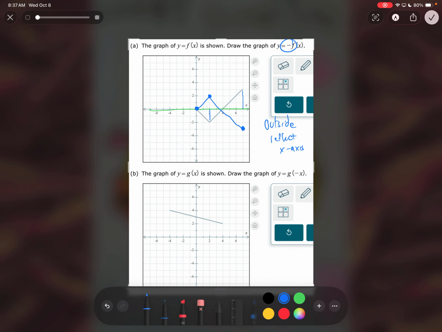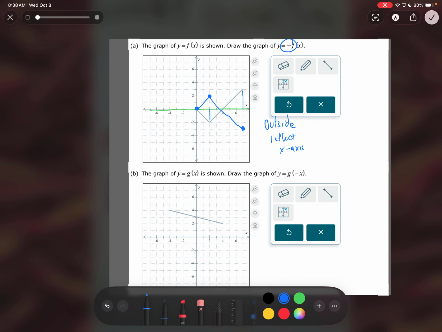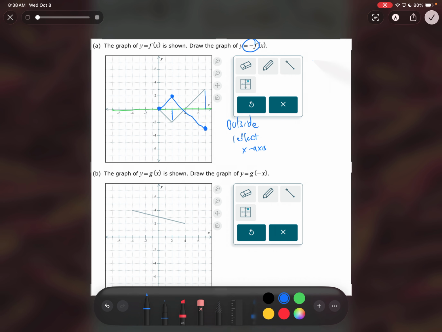That's the easiest way to do this. You could look at the points and change the y values to negative. If you wanted to do that, you are welcome to do that. We could do that real quick. Original is 0, 0, 2, -2, and 7, 3. So my new one, 0, 0 is not going to change because I can't make 0, 0 negative. But I would make the y's be negative.